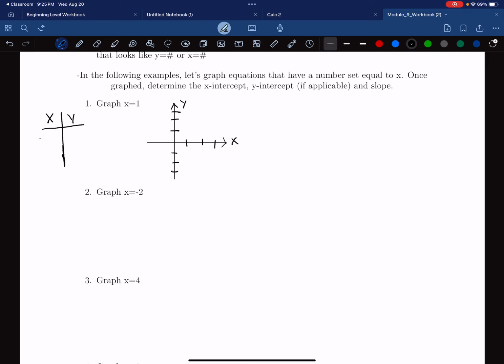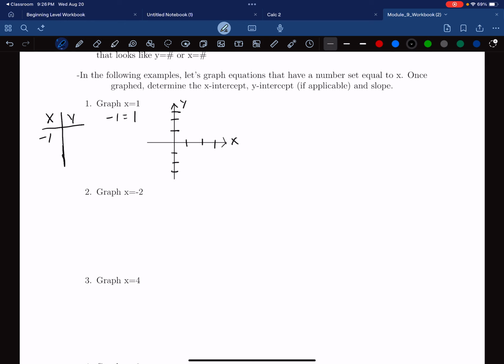So let's start off with the value x equals -1. We're going to plug in -1 for x, and whatever we get out, that's going to be our y value. So let's take a look. I'm going to plug in x equals -1. So we have -1 equals 1.